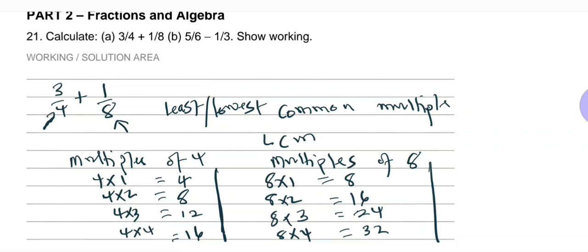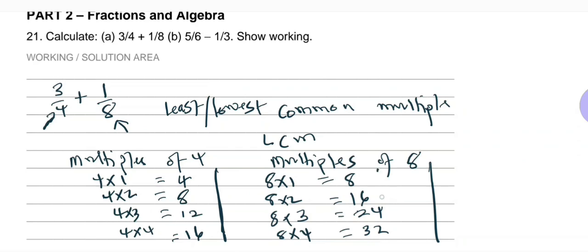Have you seen it? So between the multiples of 4 and the multiples of 8, which number is common? When you look at the multiples of 4 and the multiples of 8, which of the numbers is the same under the multiples of 4 and is the same under the multiples of 8?